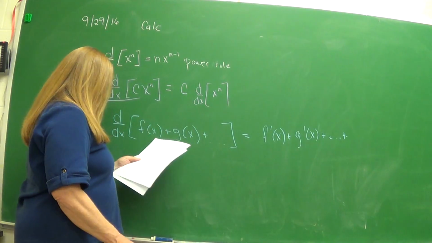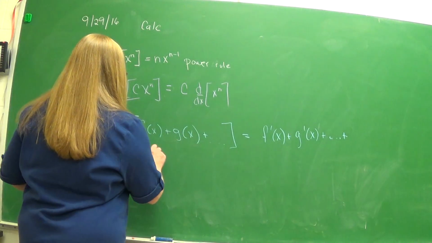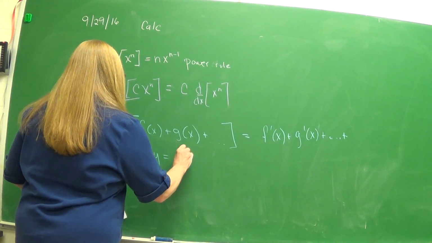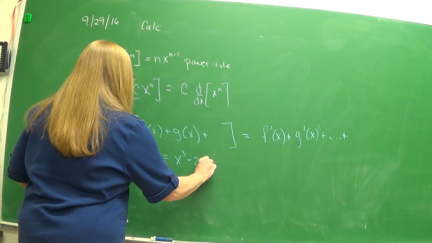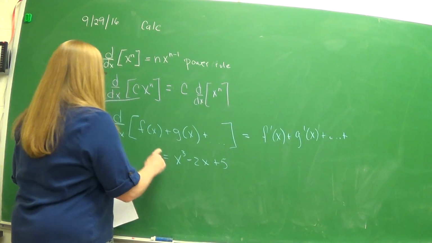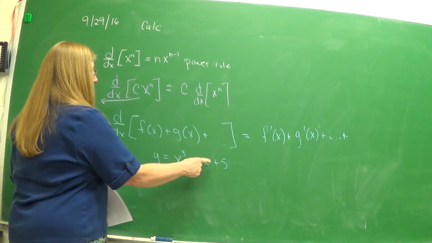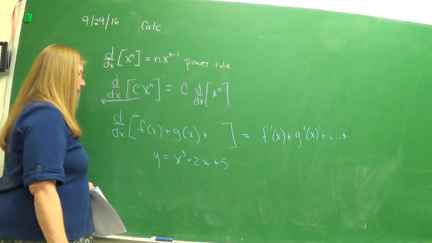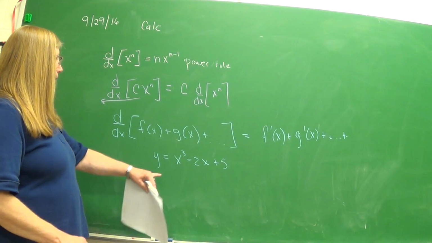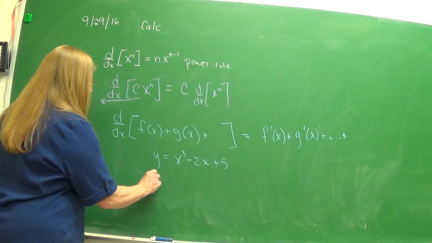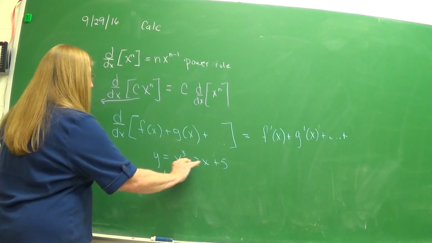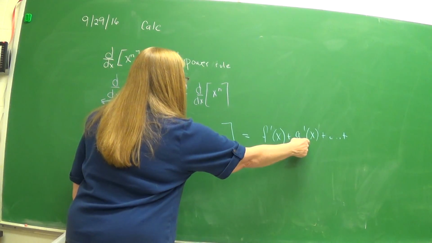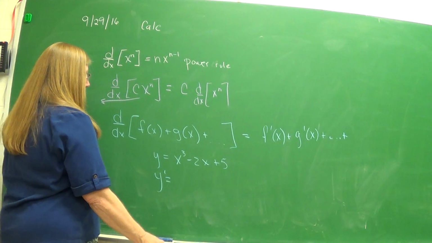All right, so I can give you an example. y equals x to the third minus 2x plus 5. Here we have our f of x, our g of x, and our h of x. So we have 3 functions that are added together to make one function. To find the derivative of the whole expression, you just do the derivatives step by step and add them.